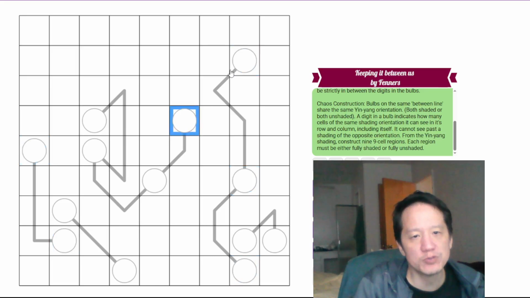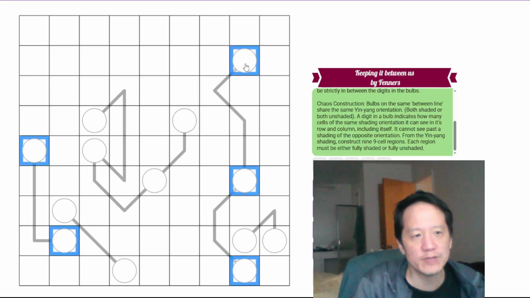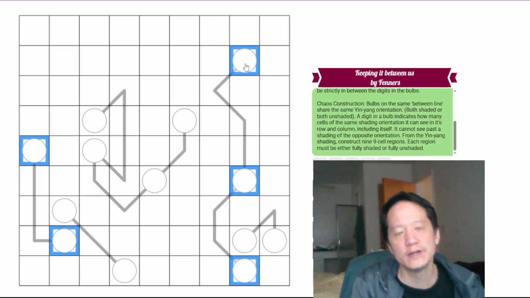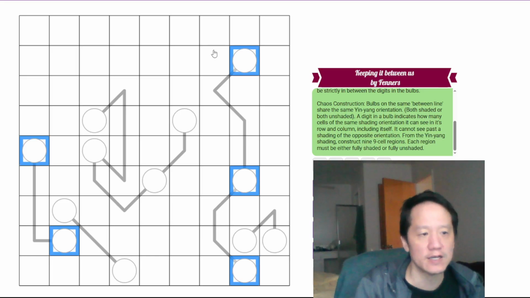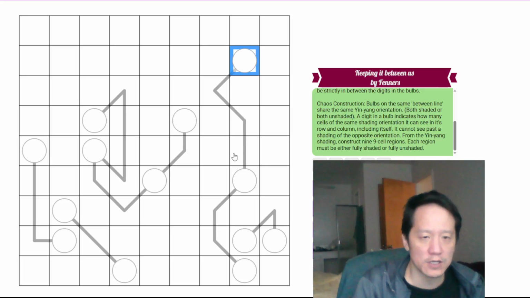So all the bulbs cannot be 1. They have to be 2 or greater, right? Which means 1 can never be on a between line. And it can't be on a bulb either, interestingly enough.